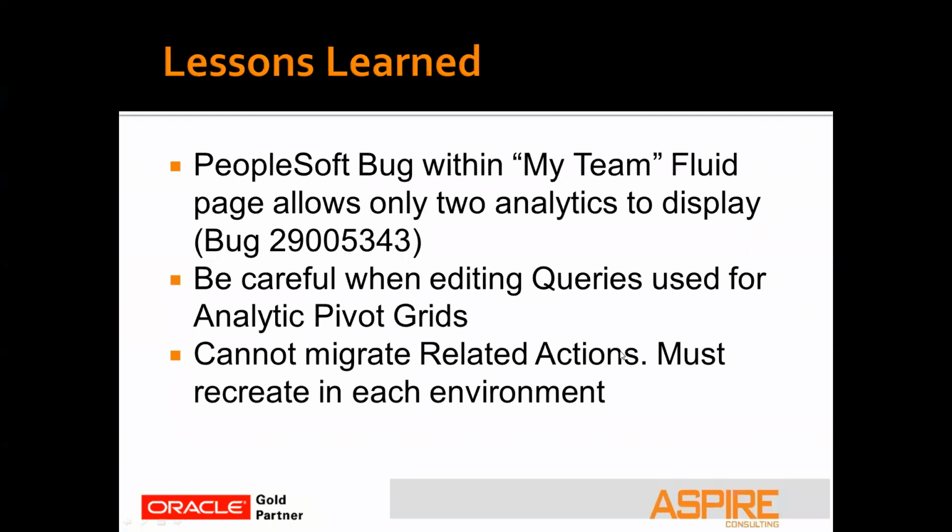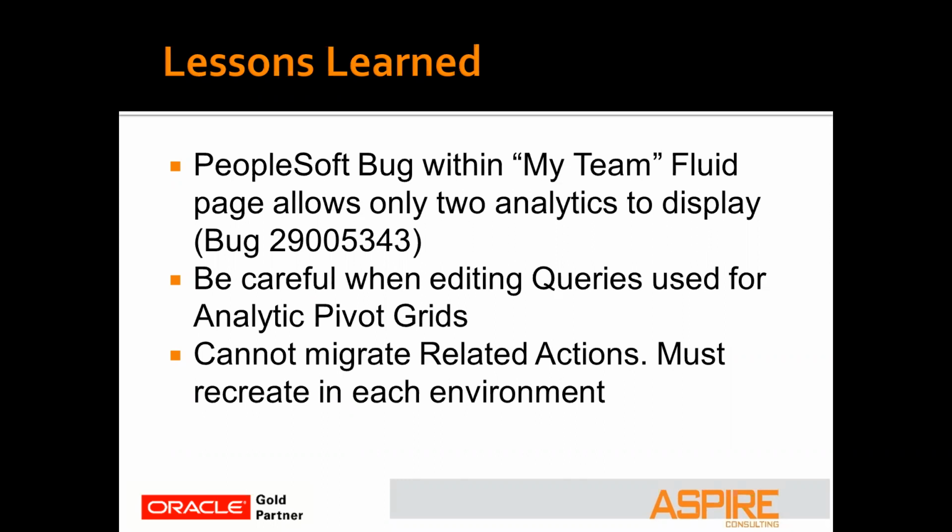The other thing I like to advise people of is, again, when you're using queries and they're being shared across the pivot grid and across the analytics, you want to be very careful when you are editing and changing those queries. You want to be mindful that that query could be used in multiple places, and you don't want to be messing up people's analytics that they may have built. Adding fields is usually not a problem.